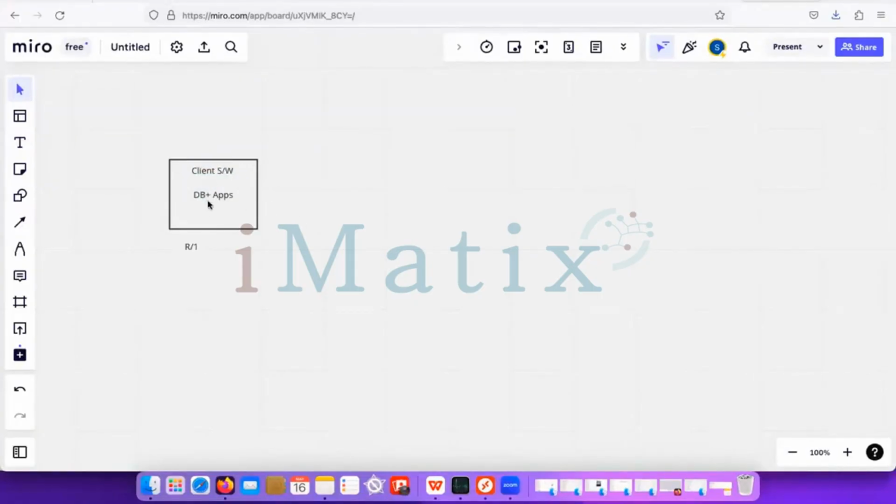Everything is running here. Here we have the limitation: only one user can log in. That was the earlier architecture R1.